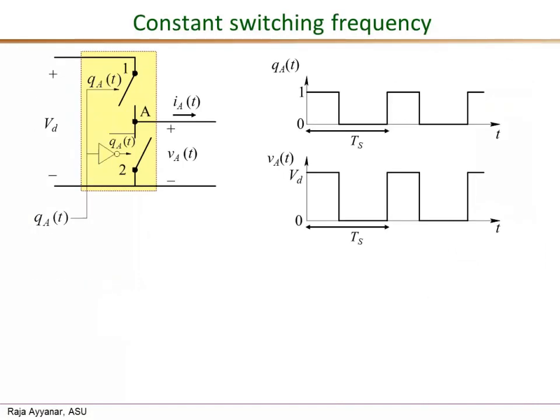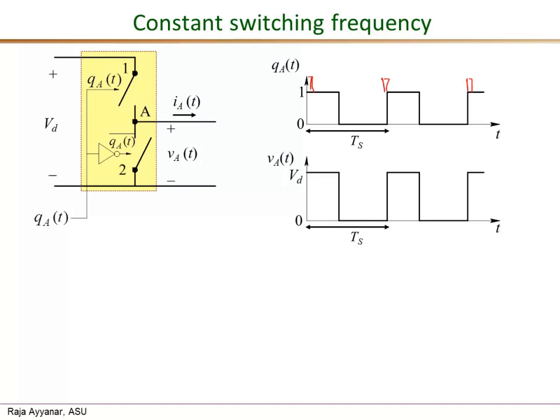A majority of the power converters operate at a constant switching frequency. Whether we use analog PWM ICs or digital means, there is a clock pulse at the switching frequency which triggers each switching cycle. So a clock pulse here, another clock pulse here, a third clock pulse here, and so on. They trigger each switching cycle, and all the other voltages and currents have the same frequency.